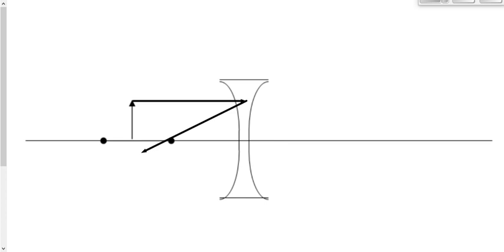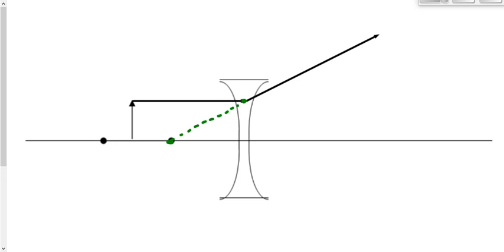Down here? It's going to diverge up here. If we took a ruler and just placed it at this point and at this point, then we could draw our line. Dotted on the left side and solid on the right side. So we've got our extension back through the virtual focal point.